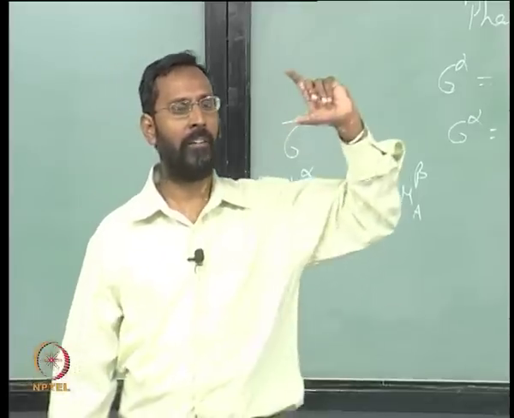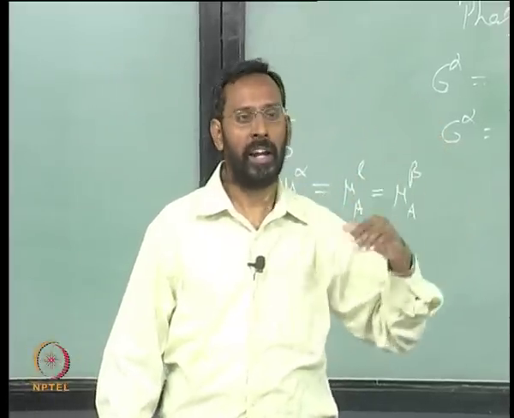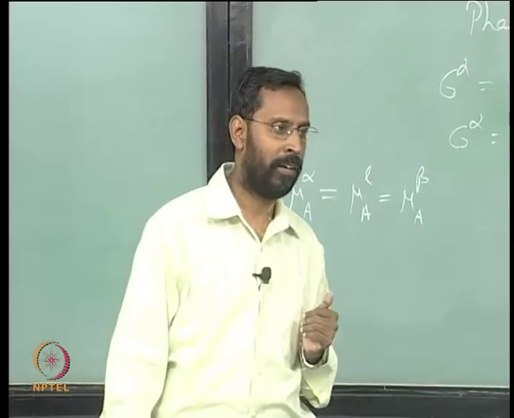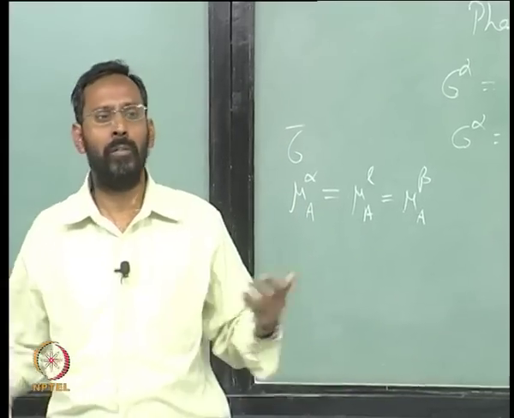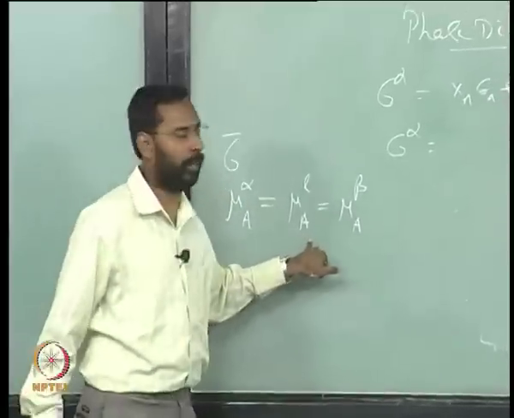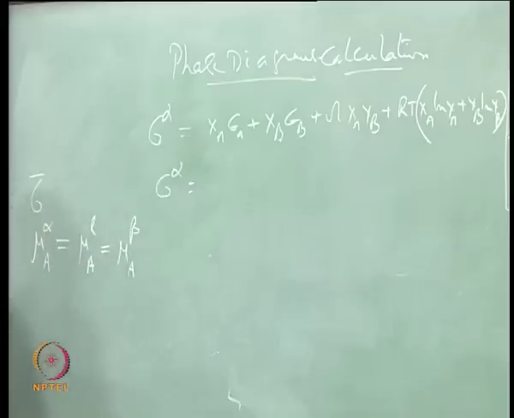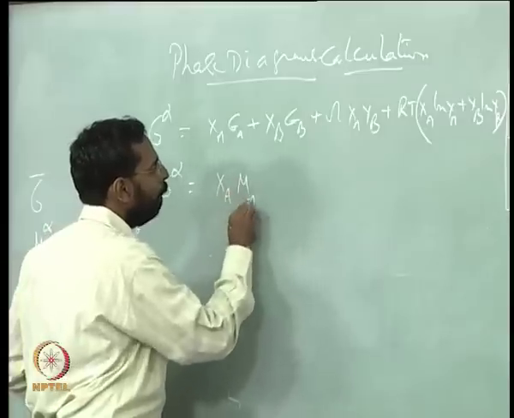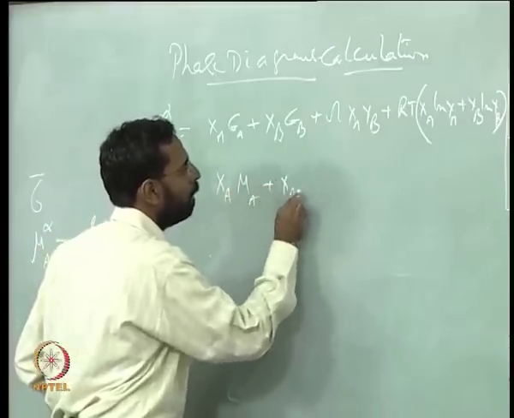We have seen that whenever delta mu is 0, there cannot be movement of atoms from one side of the phase to the other, and if there is no movement of atoms, we say they are in equilibrium. So, that is the reason why the chemical potential has to be equal. So, we can write any free energy expression as XA mu A plus XB mu B.